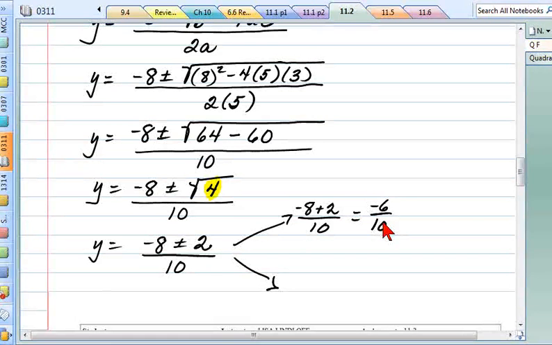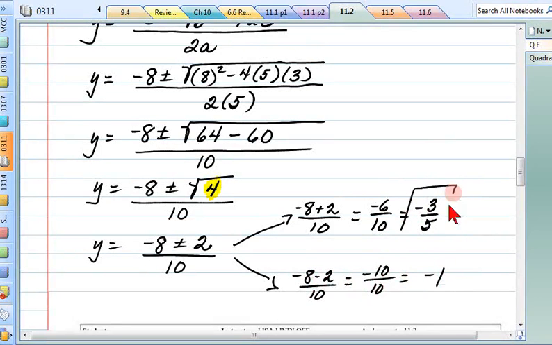Yes, starting out it's negative 6 over 10, but that reduces to negative 3/5. The other answer, negative 8 minus 2 over 10, is negative 10 over 10, which is negative 1. In MyMathLab, you would give those two answers separated by a comma.